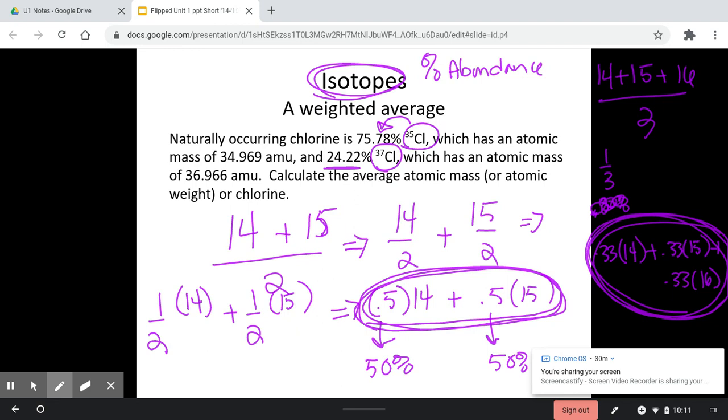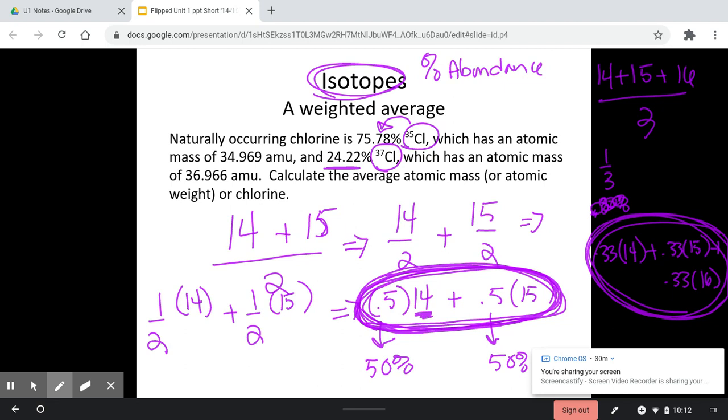So when you do that, what you're actually doing, follow me here, 14 divided by 2 plus 15 divided by 2. We can kind of parcel it out a little bit here, or you can parcel it out even more and go 1/2 times 14 plus 1/2 times 15.